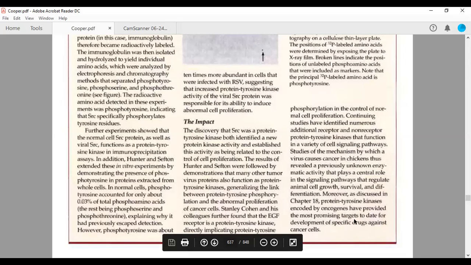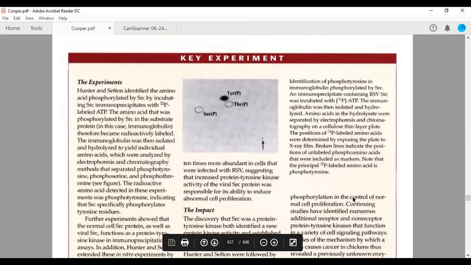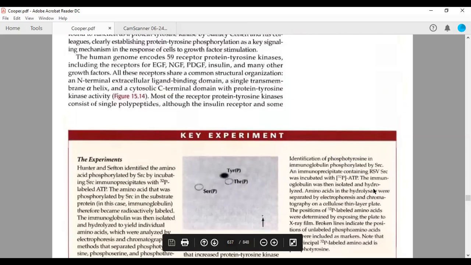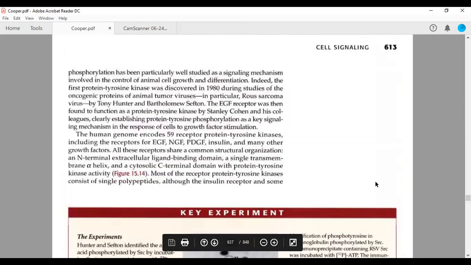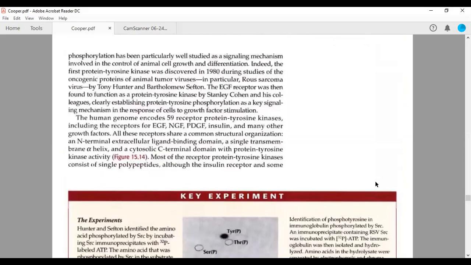The specific drugs, if you need to design them against cancer cells, need to target the protein tyrosine kinases because these are implicated in tumor proliferation. So this may be a question. From polyoma or Rous sarcoma virus, it has been recognized that the majority of tumor causing viruses involve receptor tyrosine kinases.